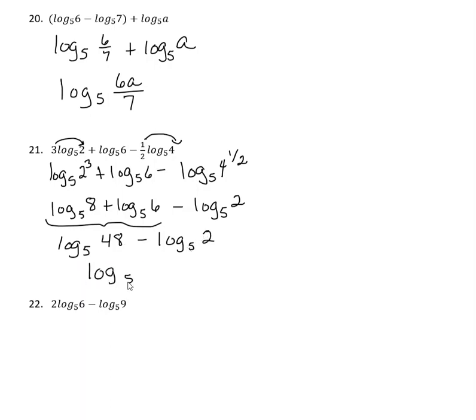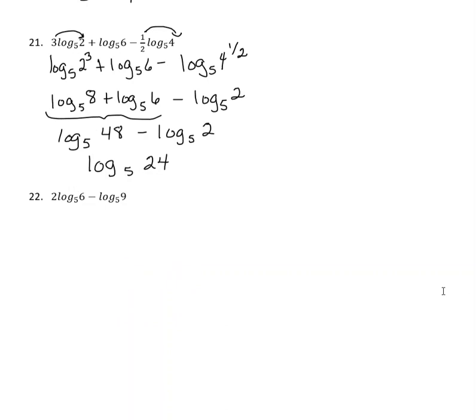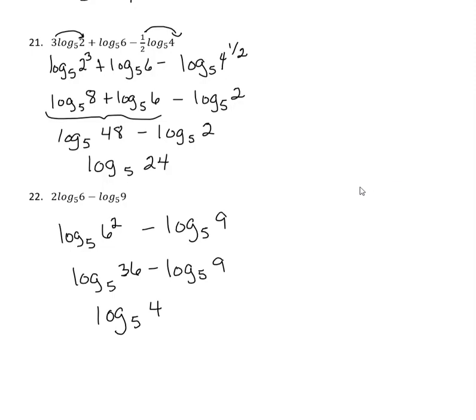And when I have subtraction and I combine them into one, I'm using the quotient rule, so I'm going to be dividing. I'll have 48 divided by 2. So that's going to be 24. Problem 22, I want you to pause the video and try that one on your own. Okay, there's your answer for problem 22.